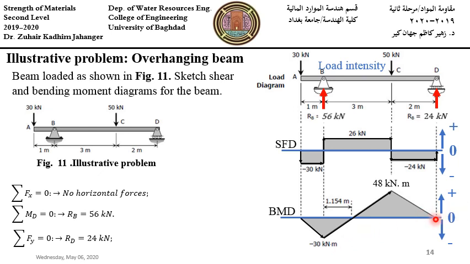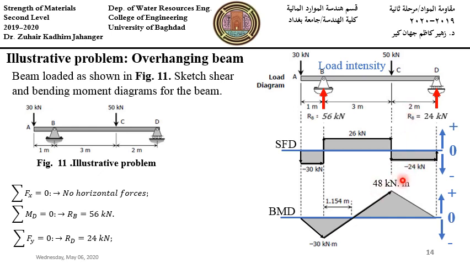Finally, the moment at D equals the moment at C plus the delta moment between C and D, which equals the area between C and D of the shear force diagram. The area of the shear force diagram between C and D equals 24 times 2, 48, minus 48.